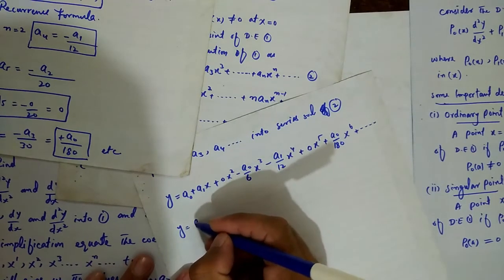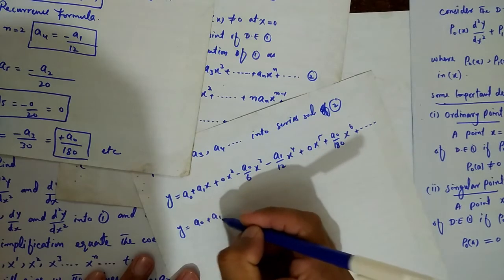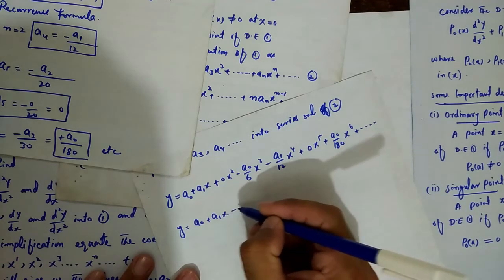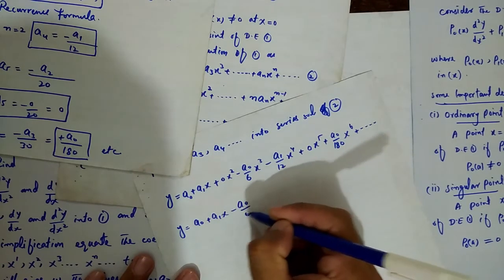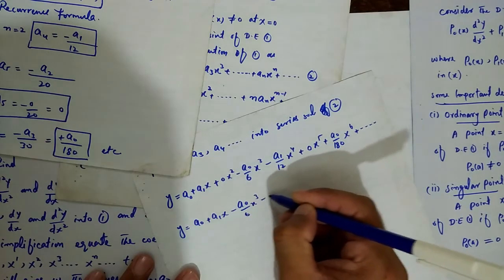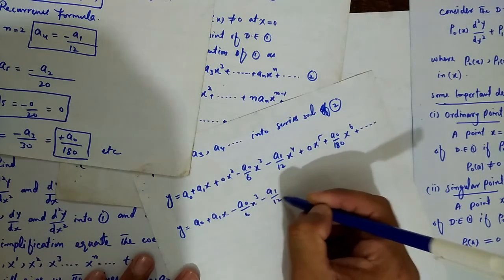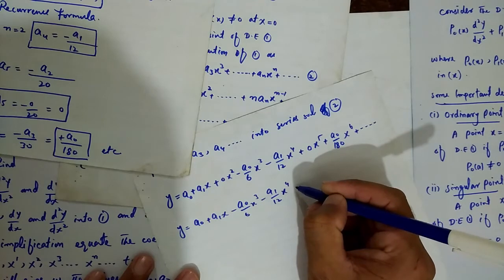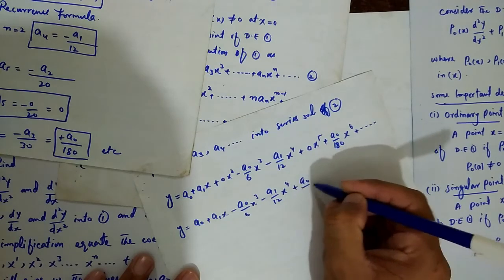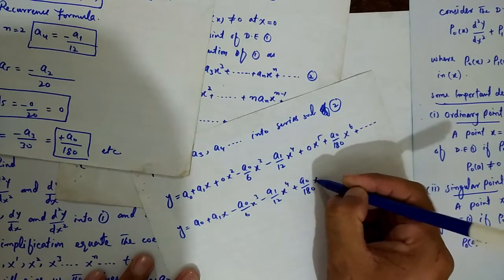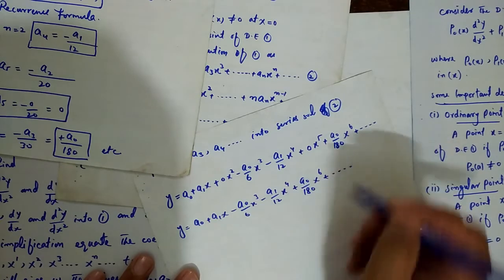I can write it as a0 plus a1x minus a0 divided by 6 x cube minus a1 upon 12 x to the power 4 plus a0 divided by 180 x to the power 6 and so on.